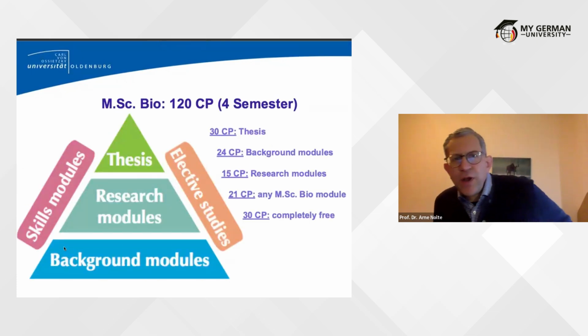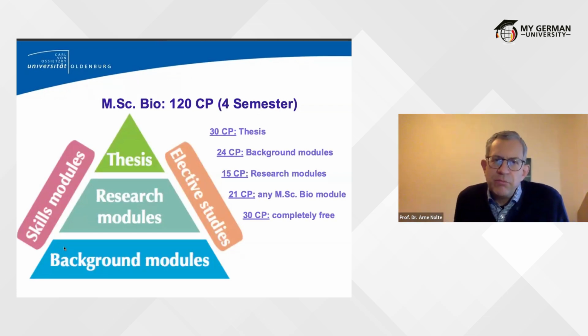When we look at our program in a little bit more depth, the study plan is to obtain 120 credit points in 4 semesters. And these 120 credit points are composed of different types of modules that are called background modules, research modules, then your thesis module, and they can be complemented with elective studies and so-called skills modules.